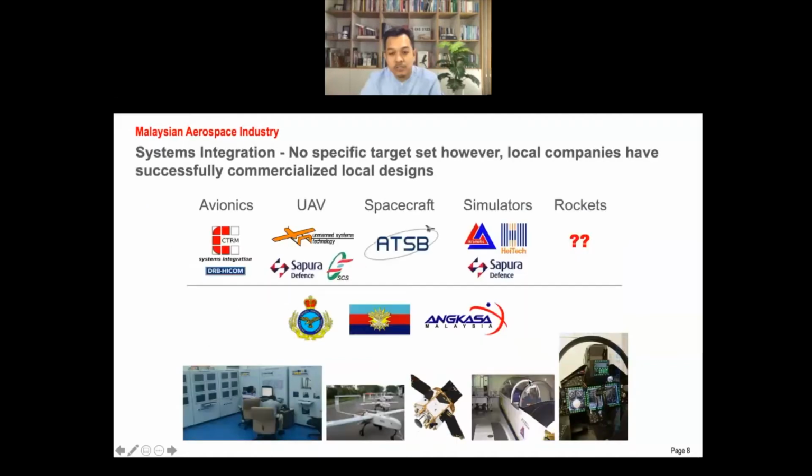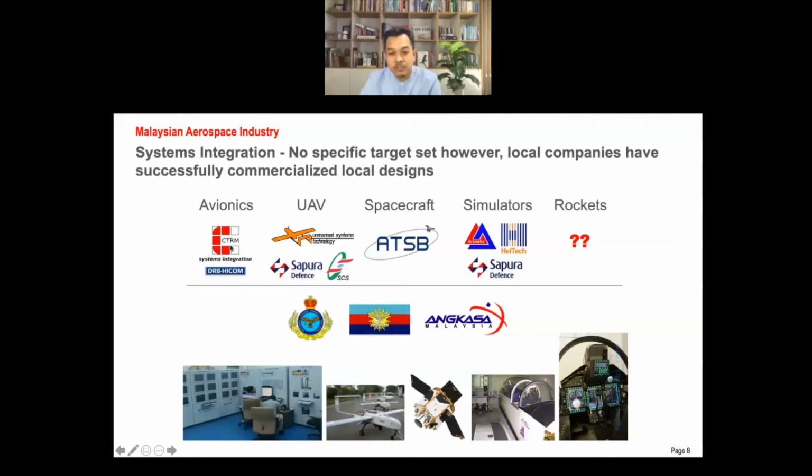Looking into the system integration subsector, even though there was no specific target set in 1997, local companies have successfully commercialized local designs. It's also a proud moment, but not that significant. So we have activities related to avionics and system integration.